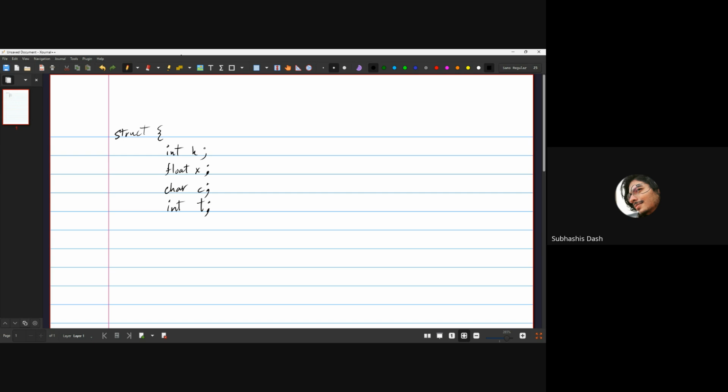We have a decently sized struct over here. So can you tell me how this would look in the memory? Let's say that this is the memory. So can you tell me what happens over here?